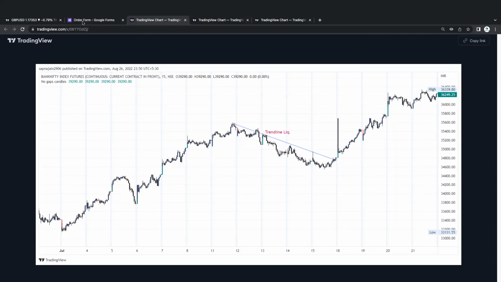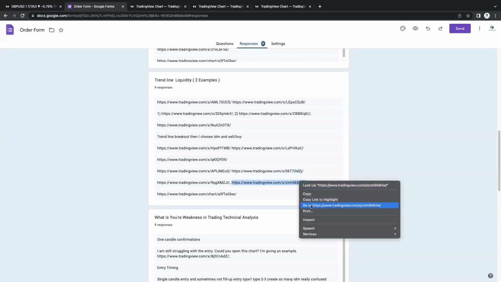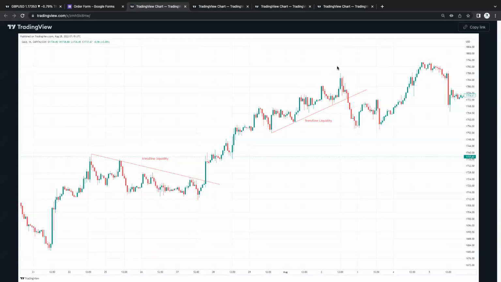Okay, now let's see another one. Everyone mark the trend line liquidity at this point in this base. Everyone find the trend line liquidity.